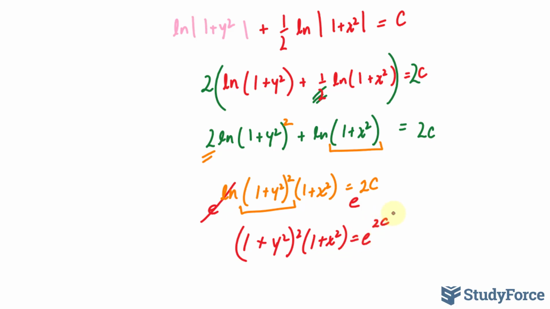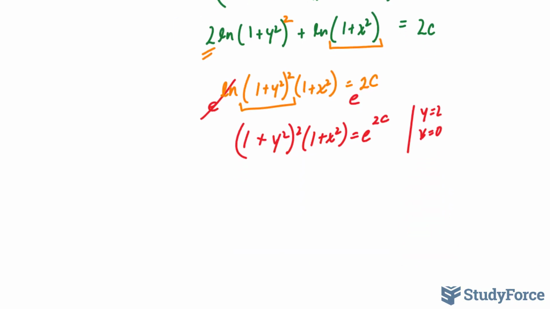Now we can apply the boundaries that they gave us originally, which were y is equal to 2 when x is equal to 0. So I'll set y is equal to 2 and x is equal to 0 at this point. Setting y is equal to 2 gives me 1 plus 4 to the power of 2, which is 25. 25 times 1 plus 0 is 1.